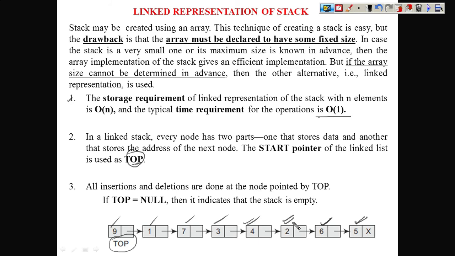But if you restrict your linked list to only add the node at the beginning, then it actually conforms to the properties of a stack. So if you only allow to insert at the beginning, that means you are making it a push operation, because in the push operation you are only adding a node at the beginning.